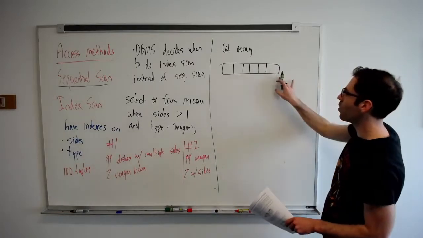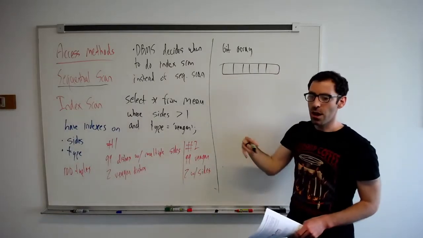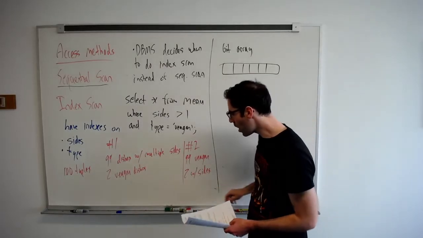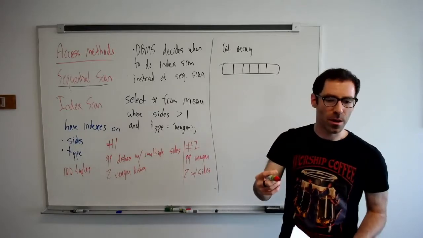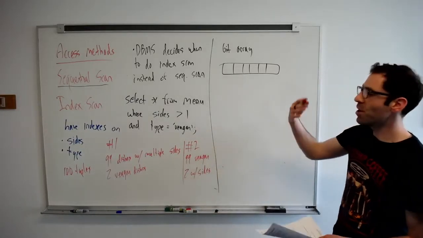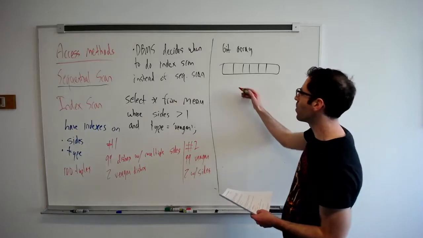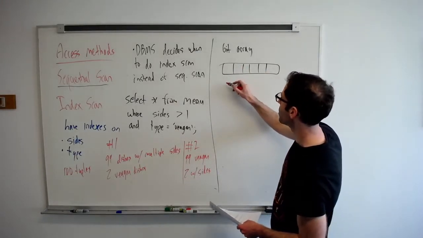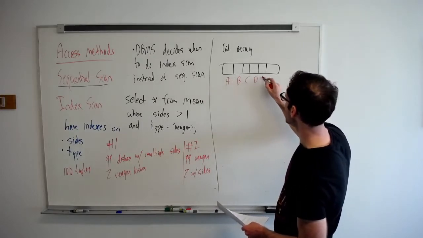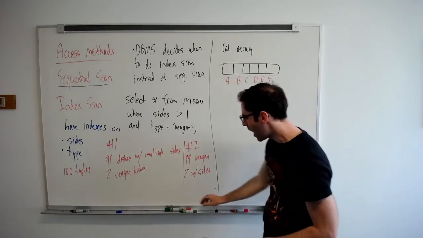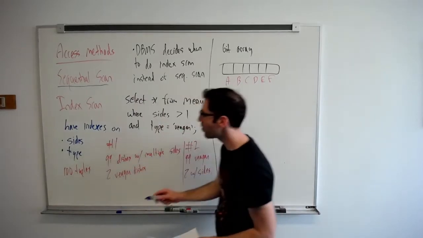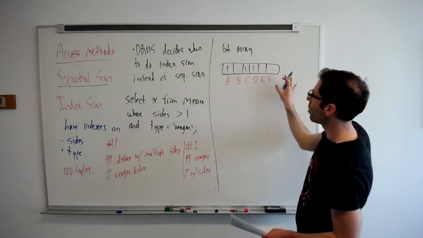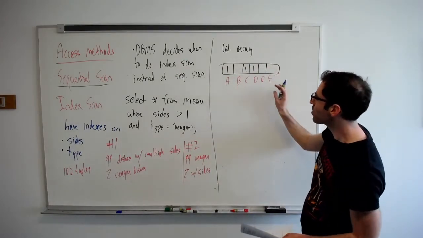Associated with each entry in our bit array, we have some object, some record ID, whatever it is that we're making a data structure over. So maybe A, B, C, D, E, F, and then our bitmap would say, all right, A, C, and D are present or meet some criteria.